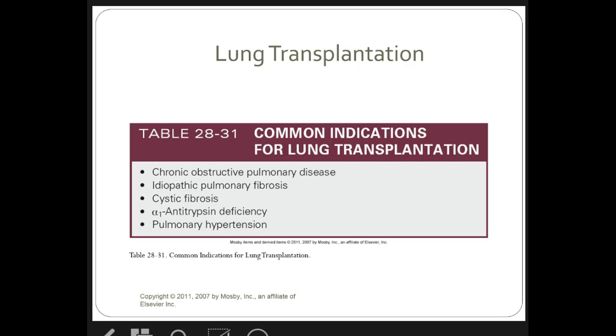And the biggest thing is they're going to be on immunosuppressive drugs, so they are at high risk for infections. And also you have to monitor them for potential rejection of the organ. The number one reason for mortality after a lung transplant is infection post-op or post-transplantation.